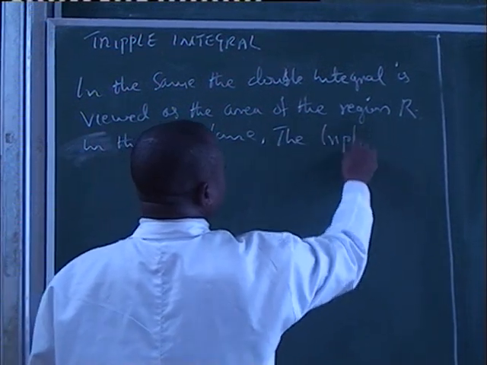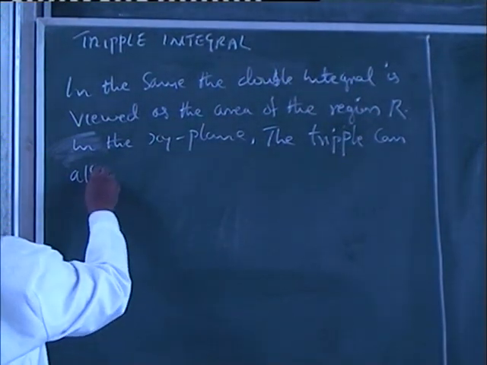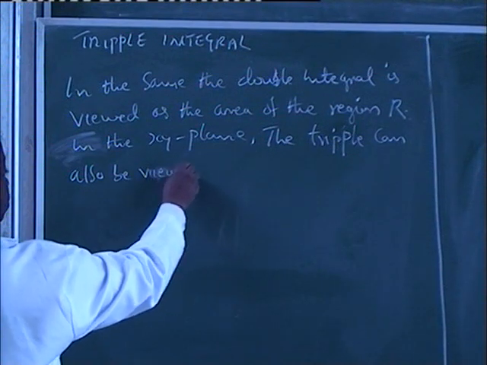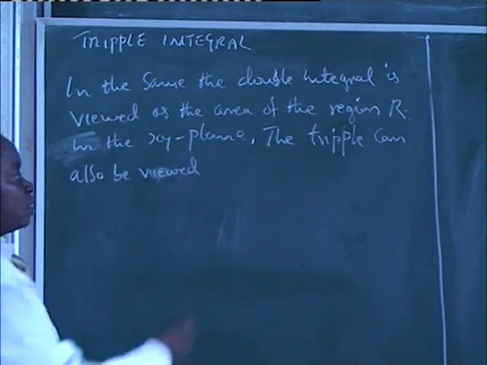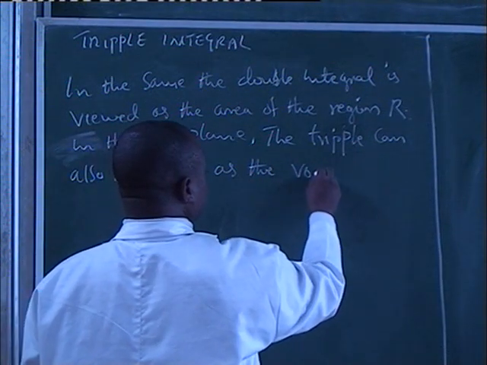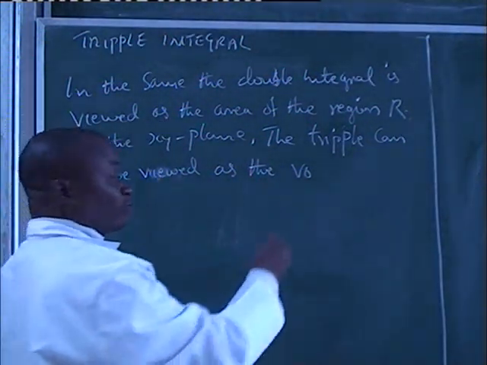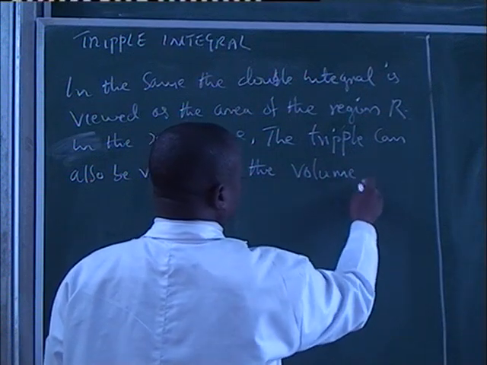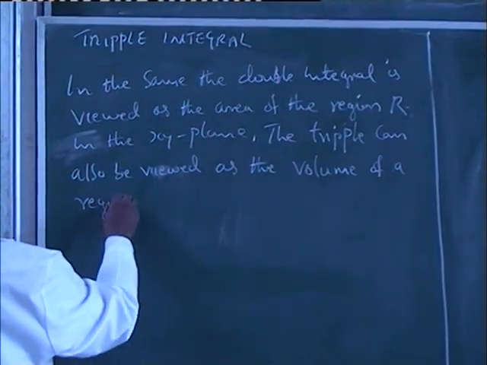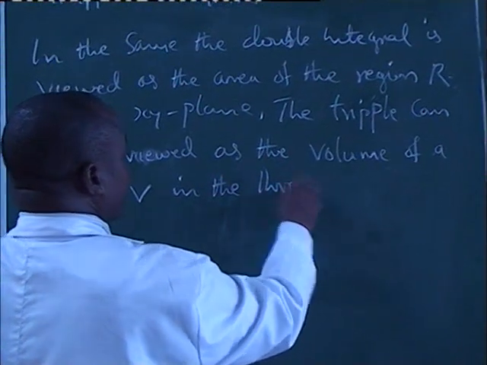The triple integral can also be viewed as the volume of a region V in the three-dimensional plane.